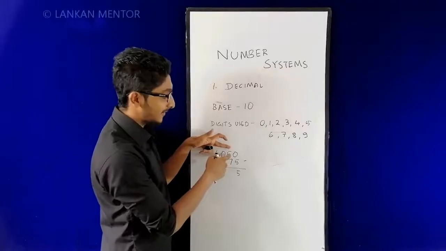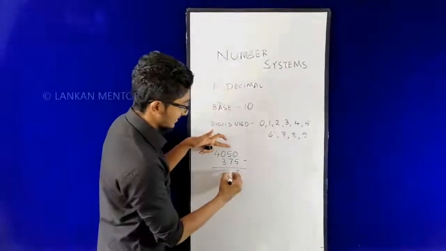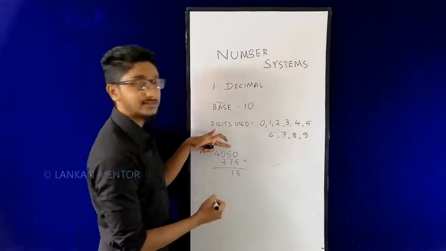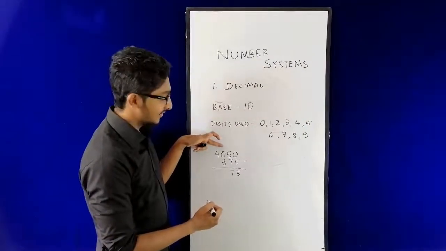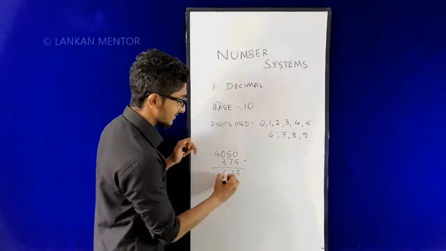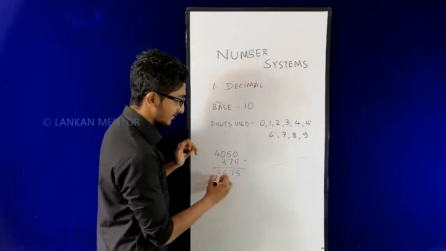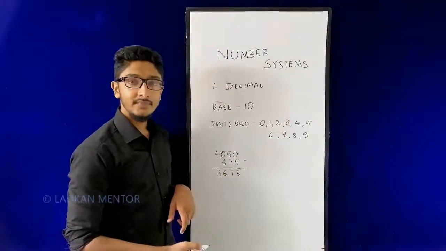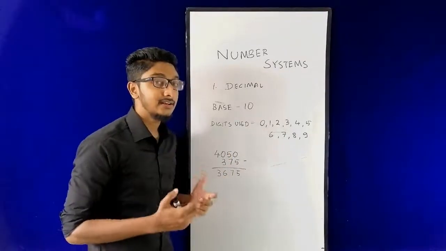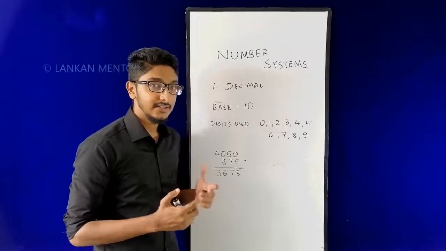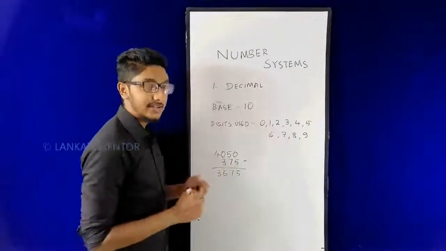So 10 and 4 is 14, and 14 minus 7 is 7. Here we have 9 now, so 9 minus 3 is 6, and 3. So did you understand? When we borrow from this side, we take 10, because the base is 10.